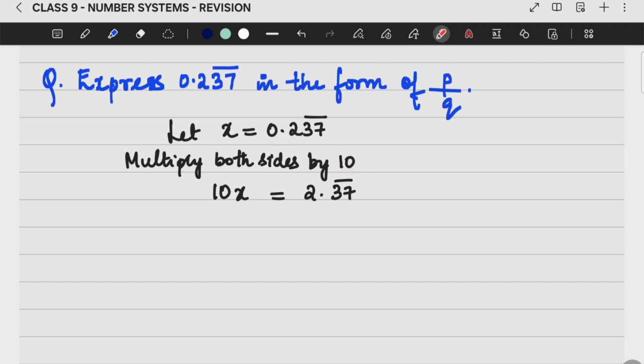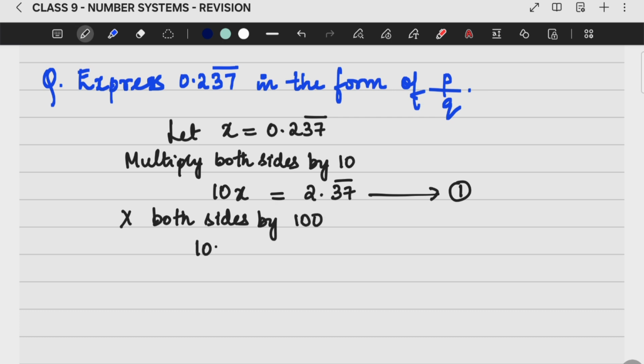Now you see, the bar is immediately after the decimal point. Now you can take this as equation 1. Now the same thing repeats. How many digits do you see under the bar? There are 2 digits. So you have to multiply both the sides by 100, which is nothing but 100 multiplied by 10x is equal to 100 multiplied by 2.37 bar.